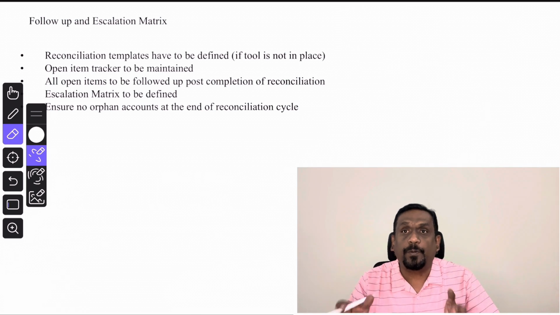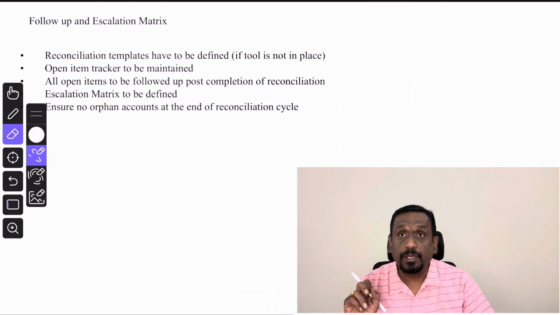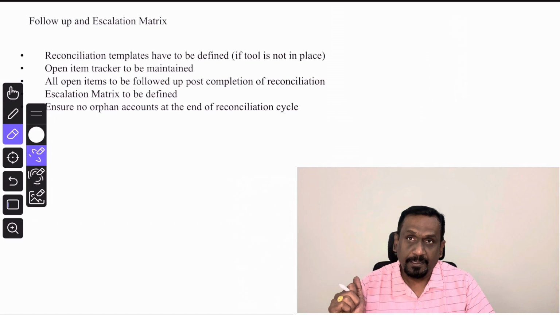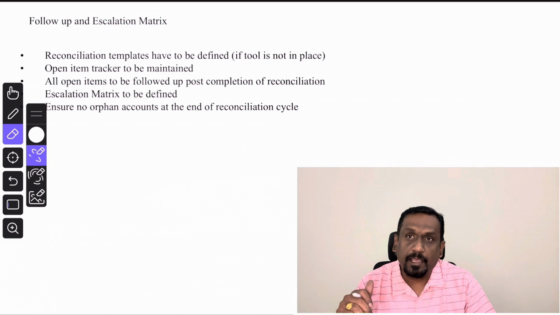Once you update this open item tracker, what are you supposed to do? You need to set up calls with these people during non-month end close. Non-month end close is after completing your reconciliation cycle. Generally, what do people say? R2R people will have work only during month end close. Non-month end close, they will not have any work.